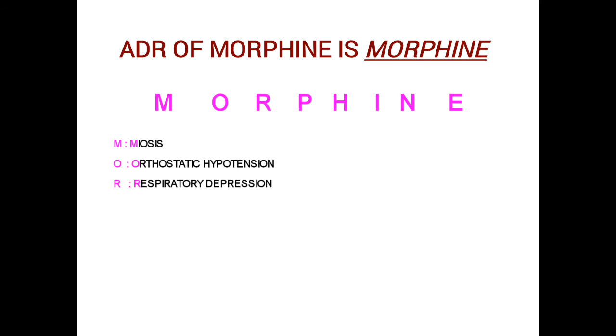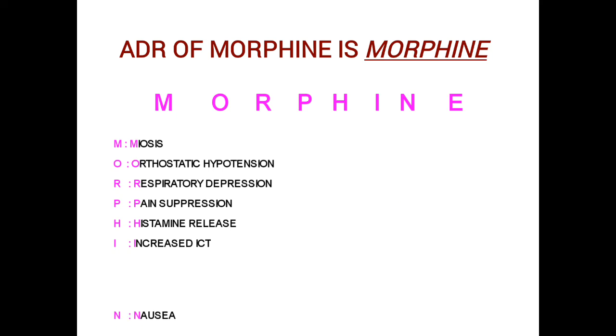And with R, you can remember respiratory depression, the most important adverse drug reaction of morphine. And with P, pain suppression. With H, histamine release. And I, increased intracranial tension. And N, nausea. With E, you can remember euphoria.